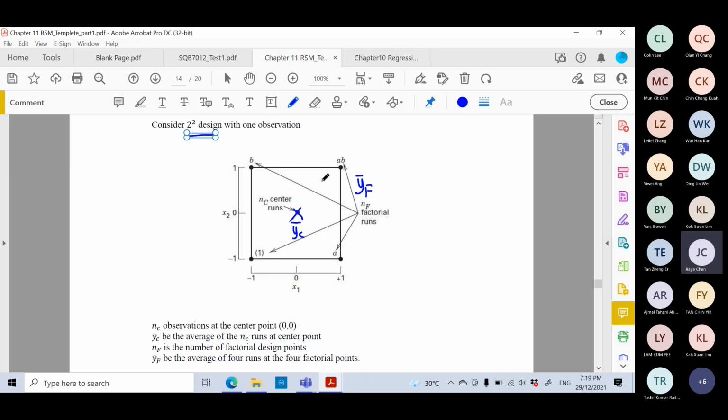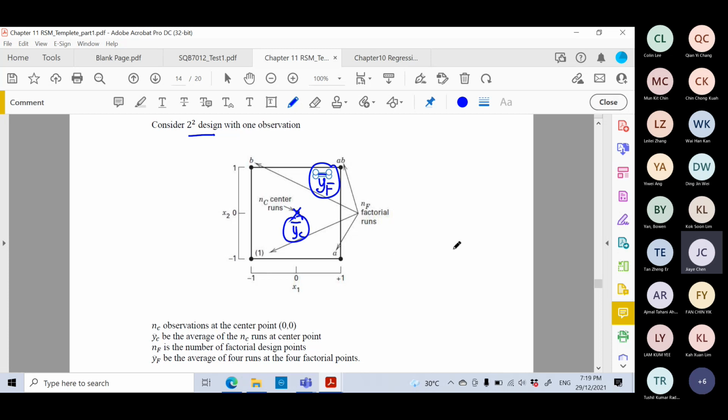Of course, the mean of the factorial points should be inside. Maybe our mean for the factorial points will be here. So we want to base on this mean and this mean to do the comparison.